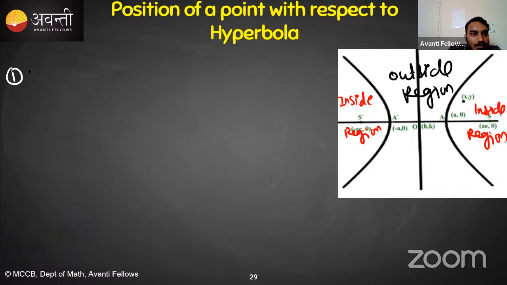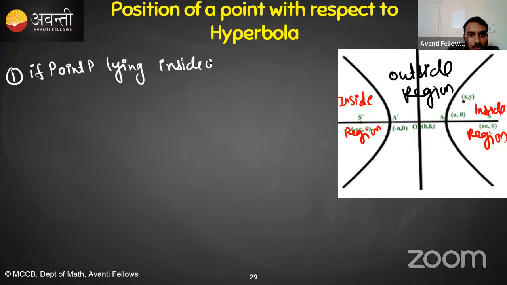First, if point P lies inside of the hyperbola, then S1 is less than 0.